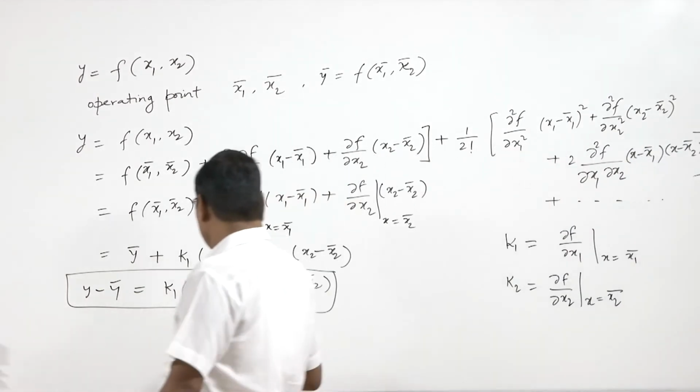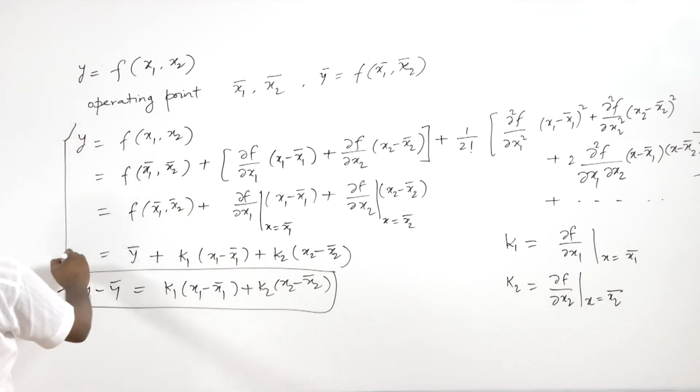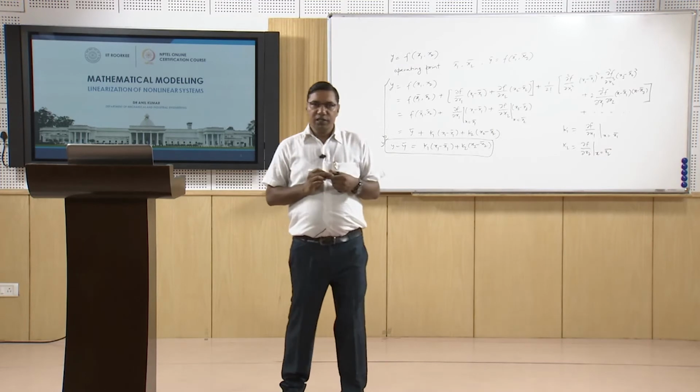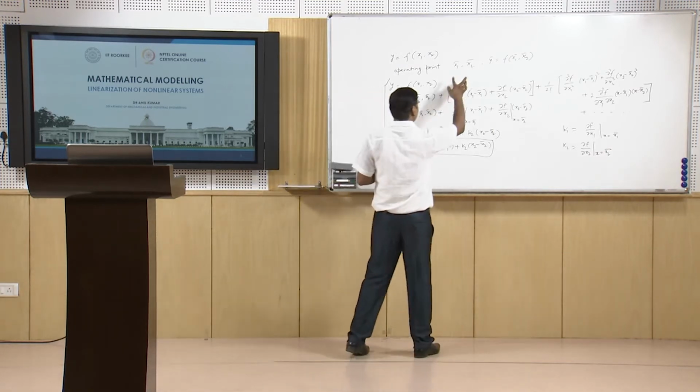So we see that this nonlinear function y is converted into a linear function about these operating points.